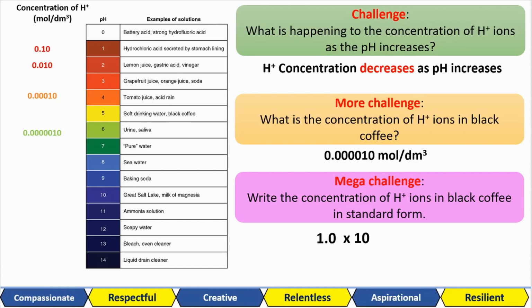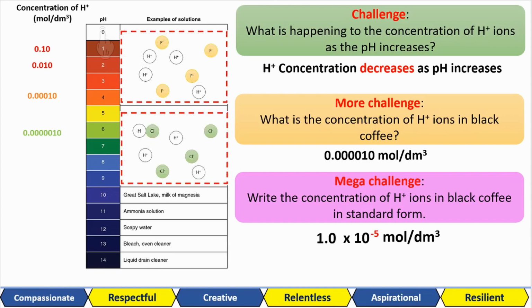The next bit is the number of places we had to move our decimal to get that number. And for this, it was 1, 2, 3, 4, 5. Numbers smaller than 1 have a negative. So this is -5. That means the full thing is 1.0 times 10 to the minus 5 moles per decimeter cubed.